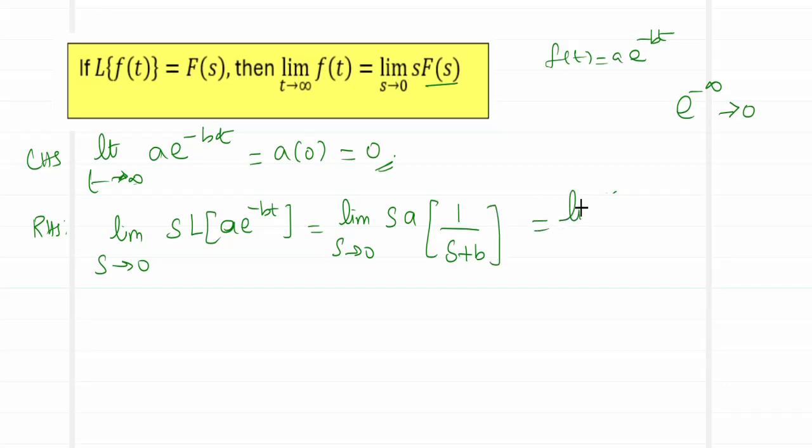So in total we have the limit as s tends to 0 of sa divided by s plus b. As s tends to 0, the numerator approaches 0, so the total value moves towards 0. Hence both the left hand side and right hand side approach 0, and we have verified the final value theorem for the function a e^(-bt). Both the initial and final value theorems have been verified for f(t) equals a e^(-bt). Thank you.